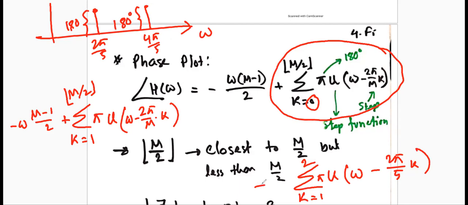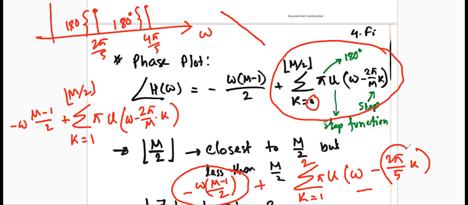And they are added to our minus omega (M minus 1) divided by 2. That means it actually proceeds like this. There is a negative slope going like that. Whenever it reaches that omega value, this twice pi by 5, the first time, it will be added with 180 degrees and then jump like this.